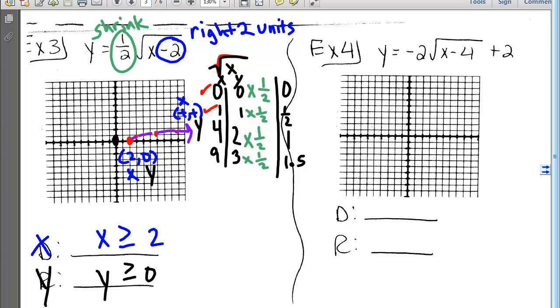Last graph. Example 4. I have a reflection and a stretch.